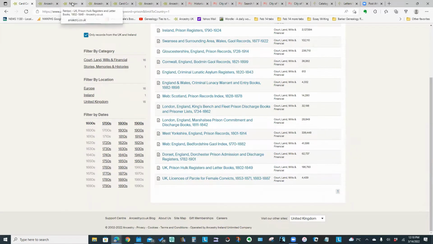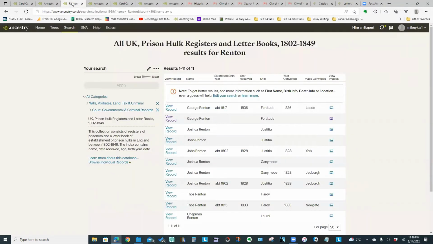Those of you who aren't familiar with what prison hulks are, basically the jails were getting fairly full. So what they did, they took derelict ships that could still float. They would moor them in the harbor, and the ships housed the excess prisoners that the prisons couldn't accommodate.